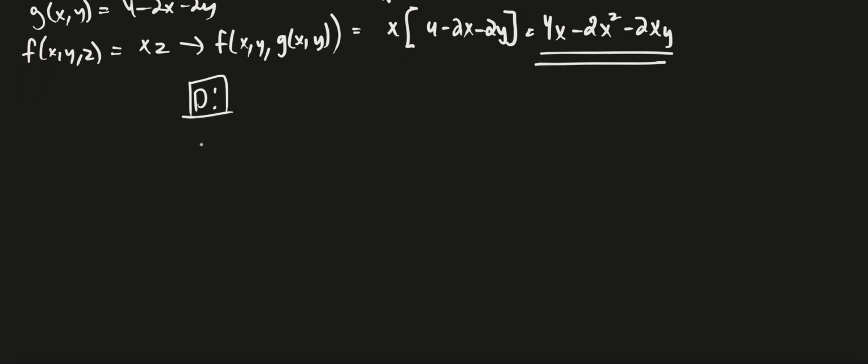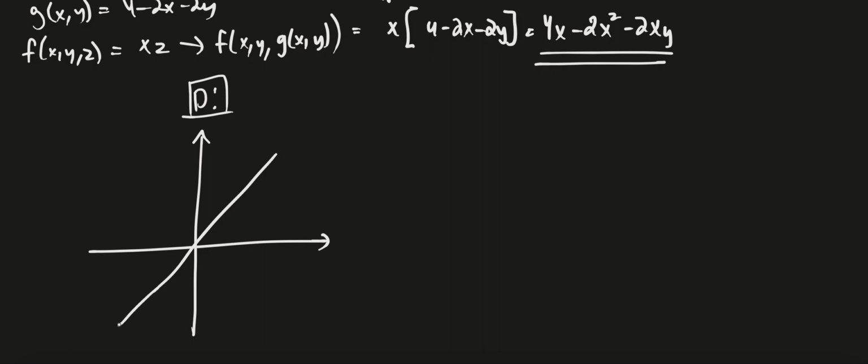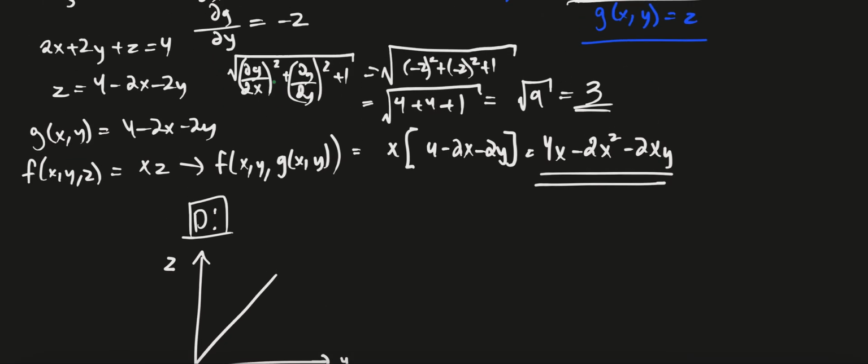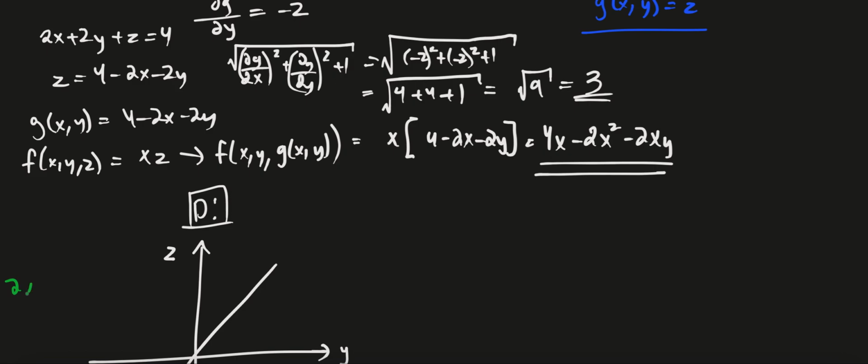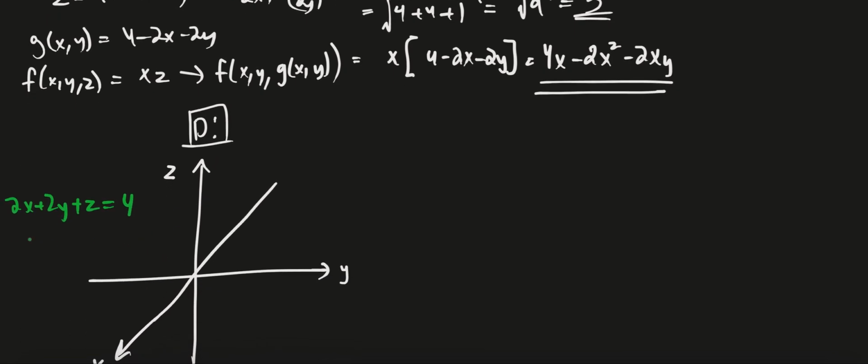Well, let's graph the surface, x, y, z. Excuse the dog bark if you can hear it. Let's graph the plane. The plane is 2x plus 2y plus z equals 4. If I set my x and my y equal to 0, z will be 4.